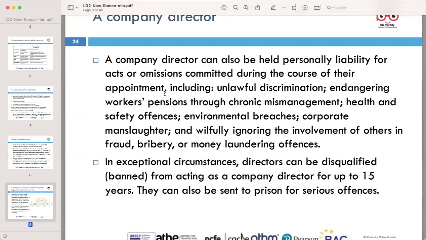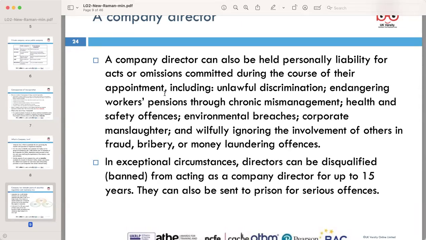Personal liability of company directors. Company directors can be held personally liable for acts or omissions committed during their tenure. This liability encompasses a range of offenses, including unlawful discrimination, workers' pension, health and safety violations, environmental breaches, corporate manslaughter, and willful ignorance of fraud, bribery, and money laundering.